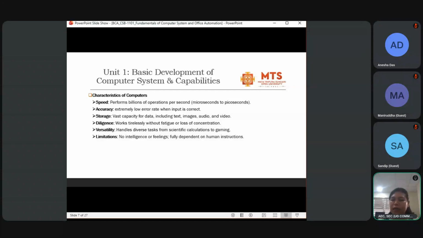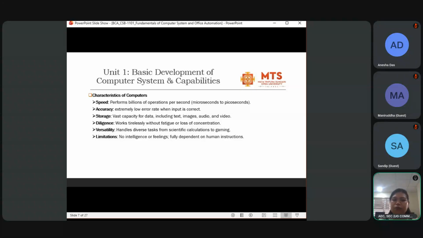The characteristics of computers are measured based on speed, accuracy, storage, diligence, versatility, and limitation. Speed is the performance of billions of operations per second, calculated in microseconds or picoseconds. Accuracy is an extremely low error rate. Now, when there is a low error rate, we can say that the input is correct.